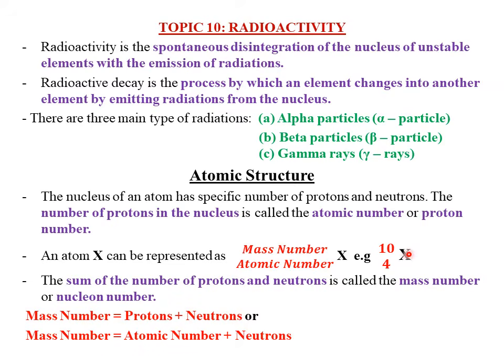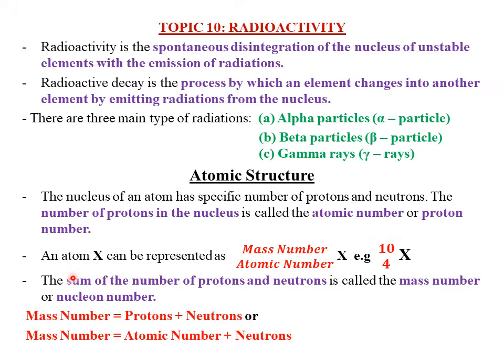For example, X with superscript 10 and subscript 4 means that this atom X has a mass number of 10, and an atomic number of 4. You will see this representation of atoms when we look at nuclear reaction equations.